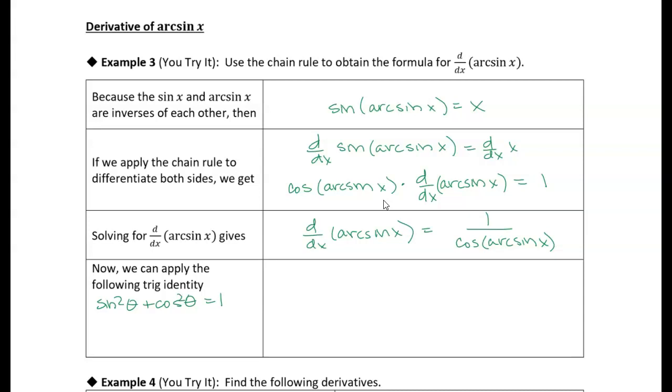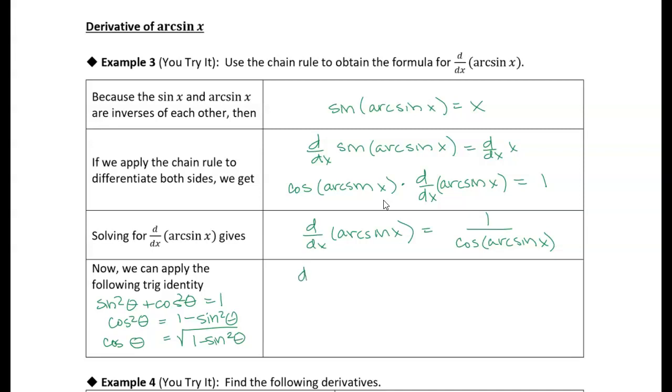Okay, so I'm actually just going to rearrange this Pythagorean identity to get cosine squared theta is equal to 1 minus sine squared theta. And now I can take the square root of both sides. So the cosine of theta is equal to the square root of 1 minus sine squared of theta. Okay, so I'm going to use that relationship and replace the cosine.